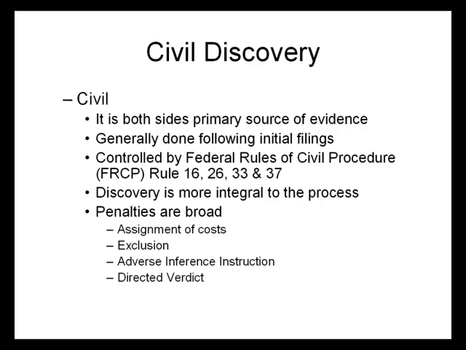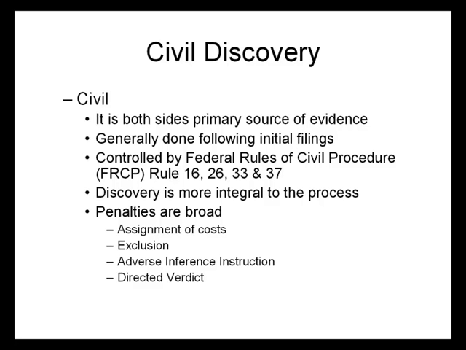But because discovery kind of goes through the entire process, civil trials really are kind of stylized negotiations, part of which is held in court and a lot of it is held between the attorneys and the judge. It's much more integral to the process, and therefore the judge has a great deal of latitude in how he deals with people that aren't playing fair on civil discovery and aren't playing by the rules.